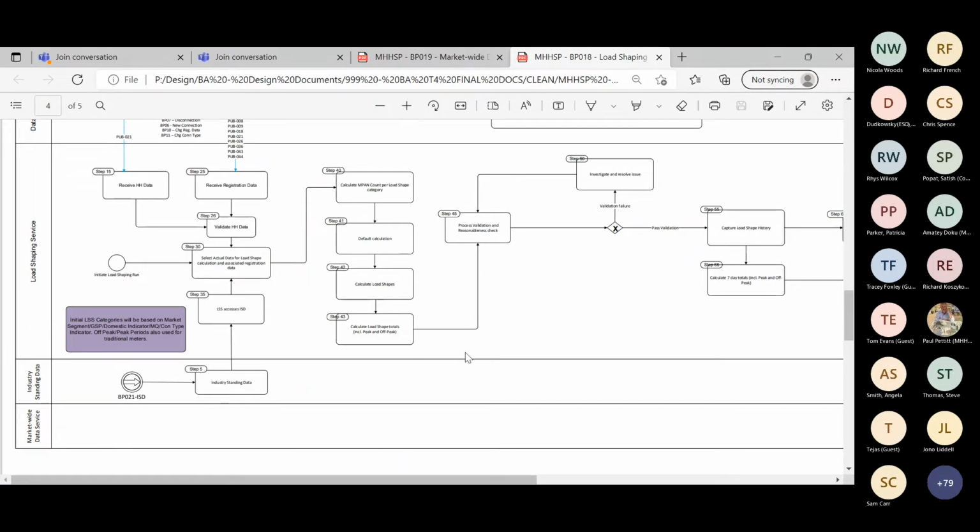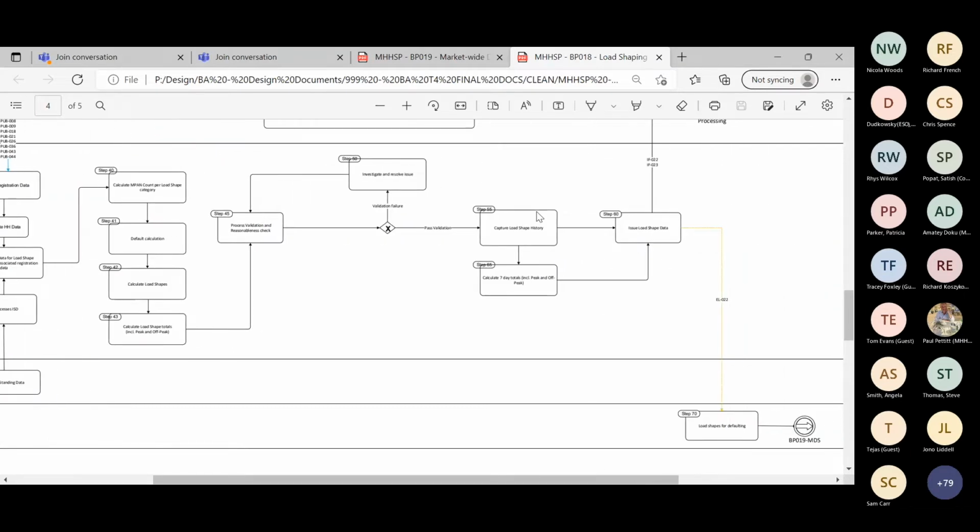It calculates the load shapes, and it also needs to calculate some load shape totals. So it will calculate a daily total, peak and off-peak totals, and some rolling daily totals as well for use in the calculations. Once that's calculated, there will be some validation checks to check that's okay and investigate any issues.